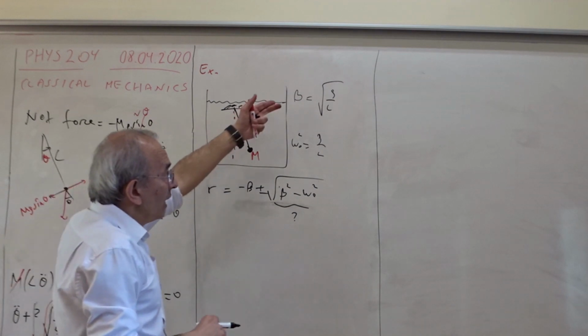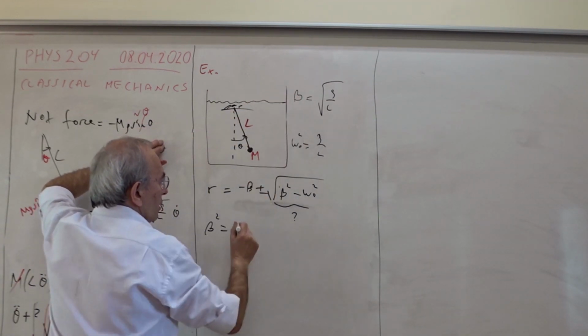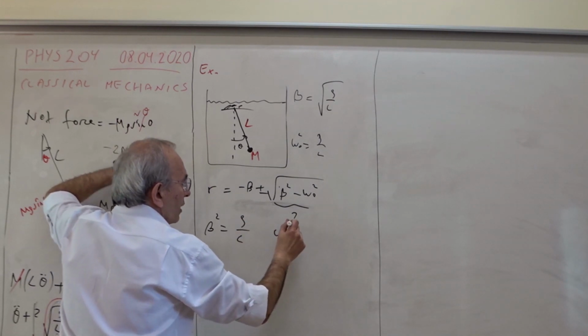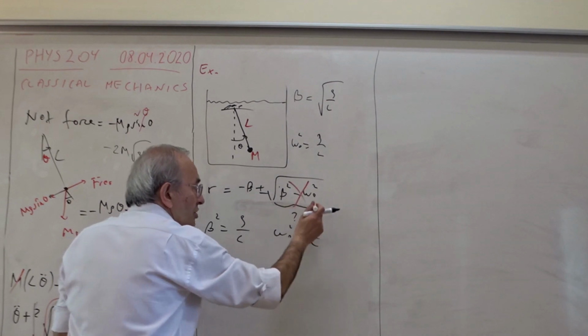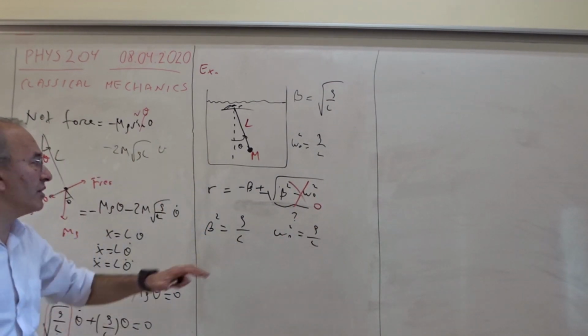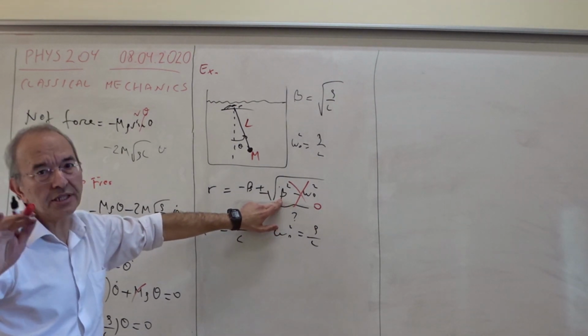If you take the square of that, beta squared will be g over L. Omega squared is also g over L. So inside the root we have just a 0. And whenever we have a 0 inside the root, we understand that it is the critically damped case.